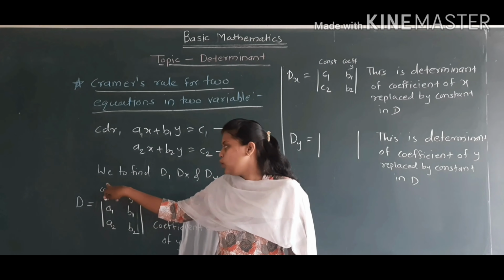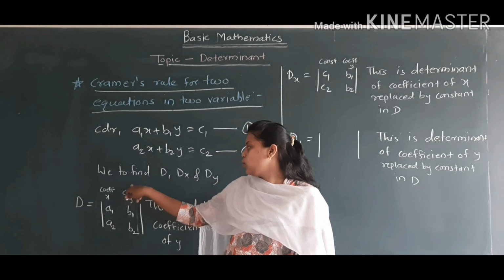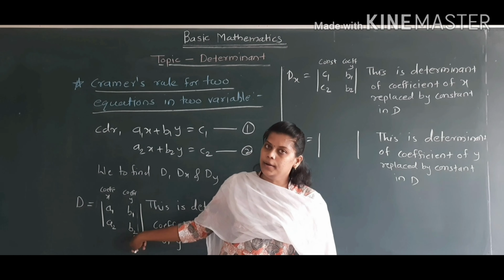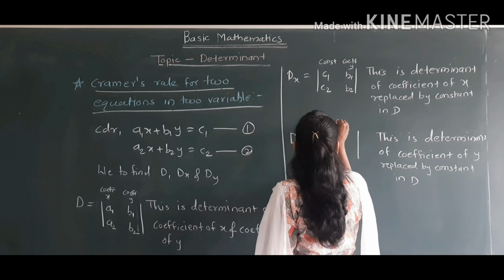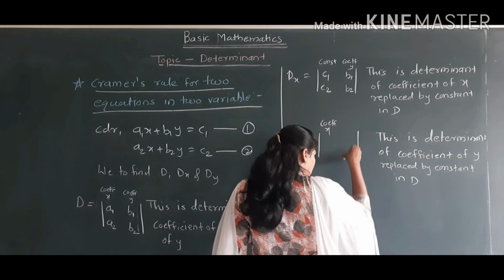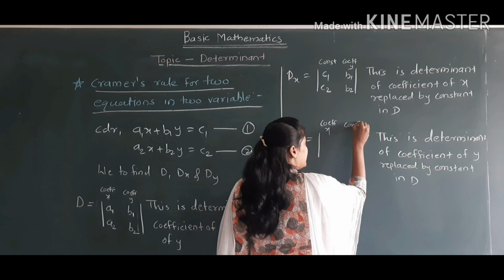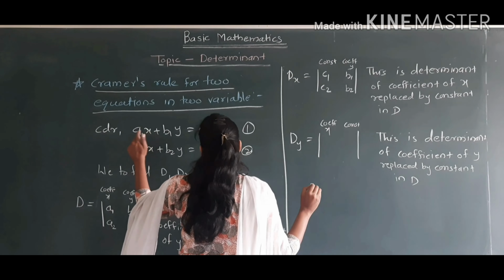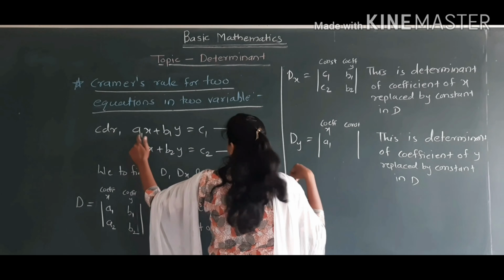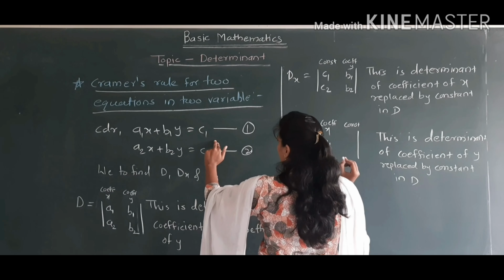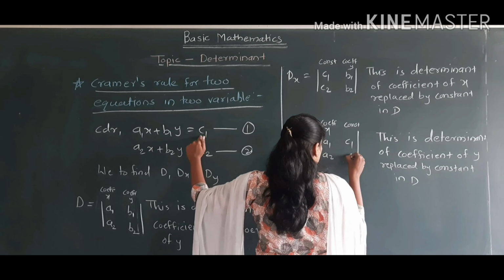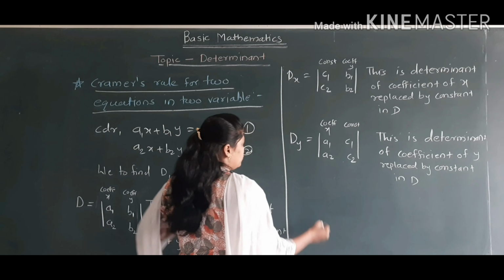Therefore, in D, the coefficient of x is as it is and the coefficient of y is replaced by the constant. Write the coefficient of x, a1, a2. Now the constant, the right side of the equation, that is c1, c2.